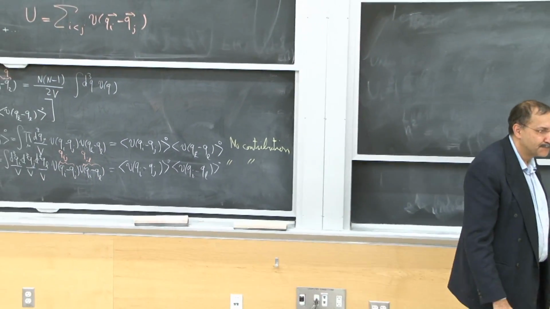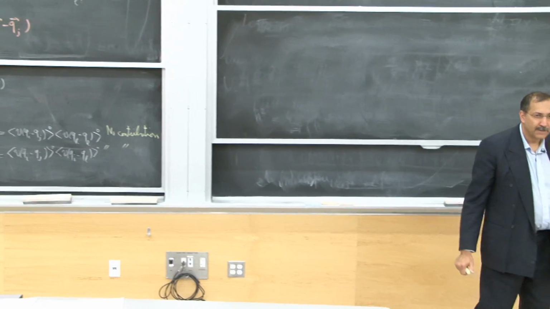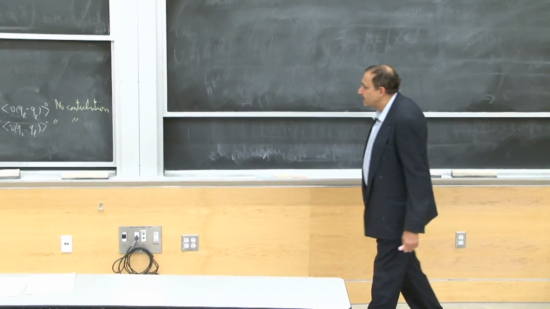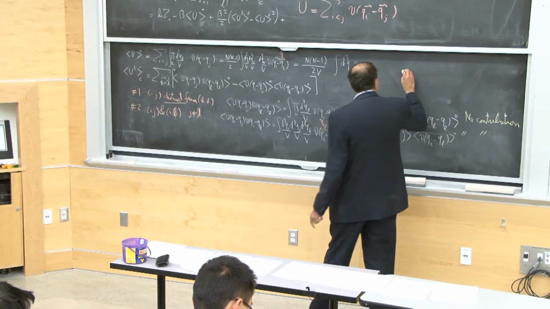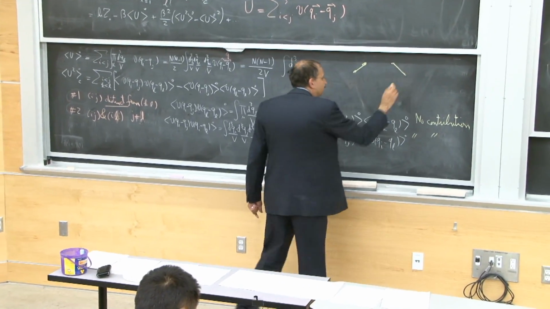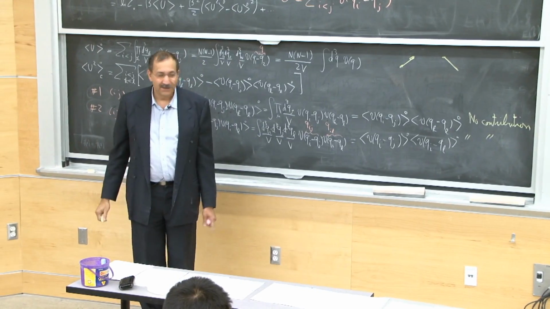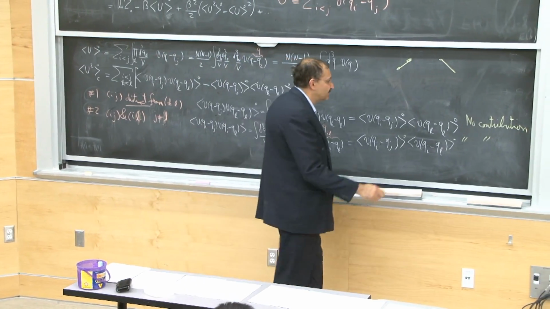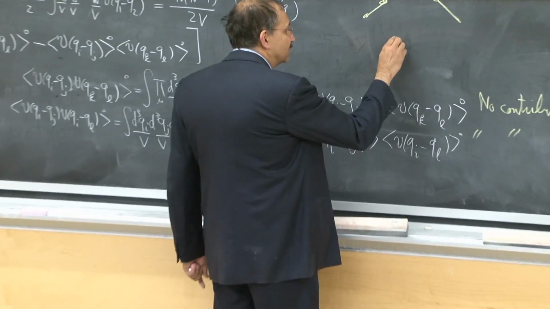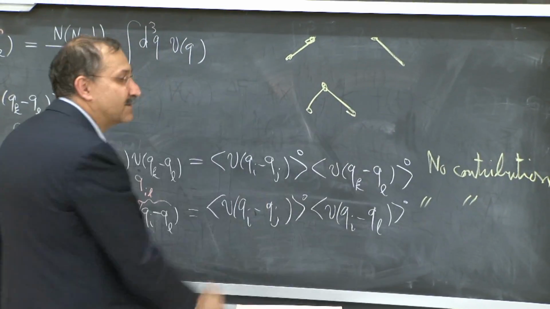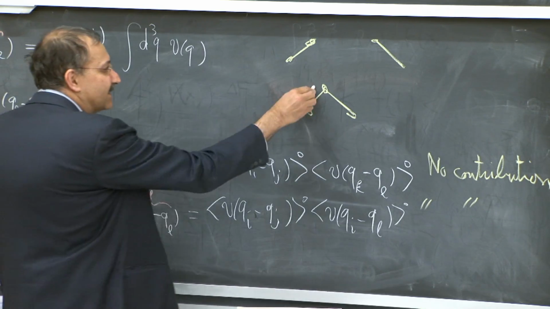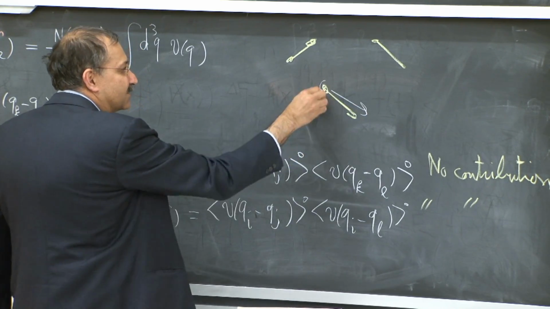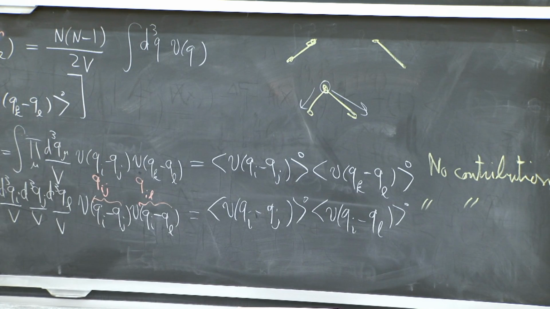Okay. Now, the first class, it was obvious because this pair and this pair were completely distinct. This class is a little bit more subtle because I joined one of the points together. And then I used this and this, as well as this point, as independent variables.